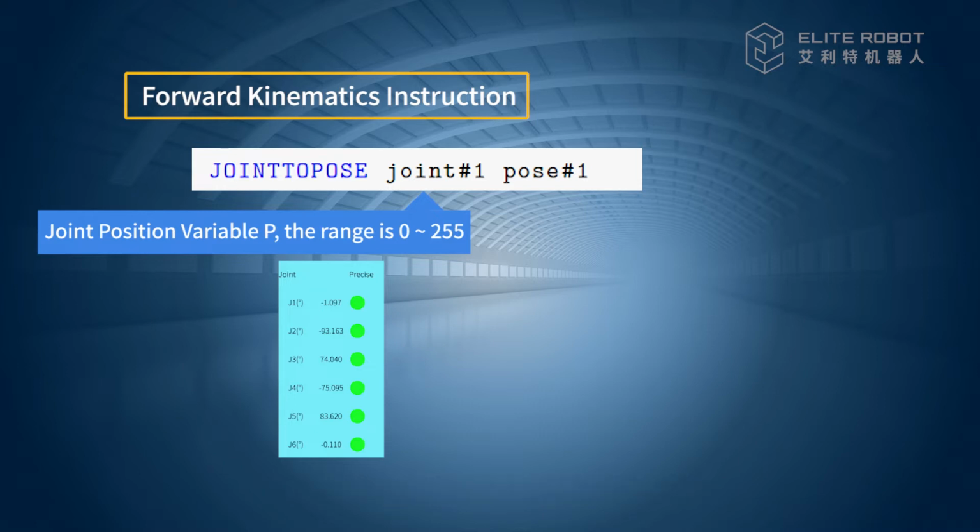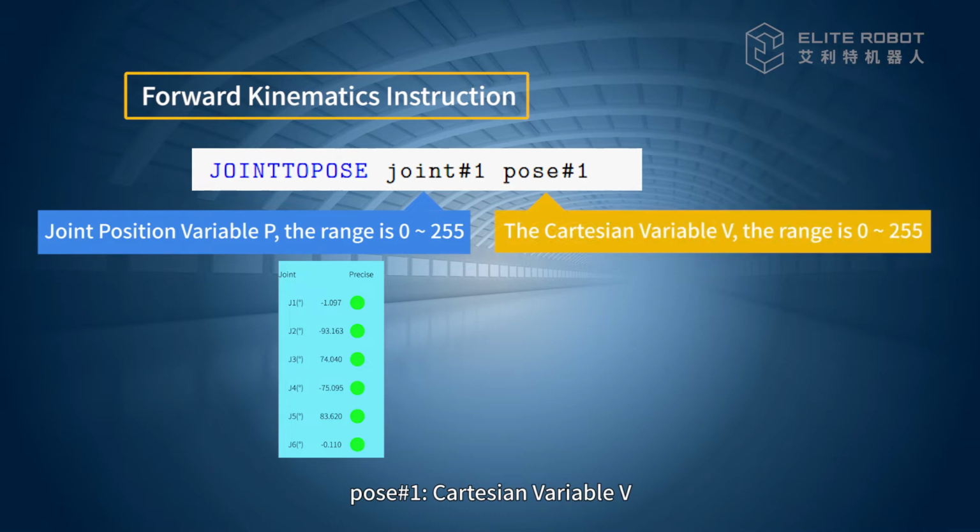Pose number 1. This is Cartesian using variable v, ranging from 0 to 255. This stores the Cartesian coordinates calculated by forward kinematics. The v variable stores the Cartesian coordinates in reference to the robot base.